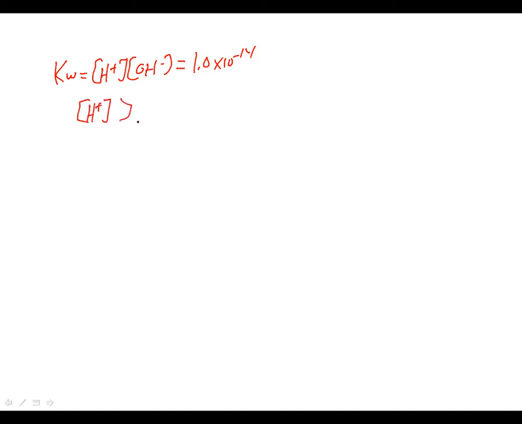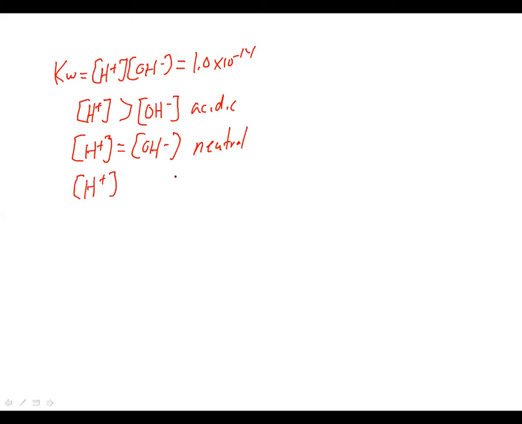If the H plus is larger than the OH minus, that's going to be an acidic solution. If the H plus is equal to the OH minus, it will be a neutral solution. If the H plus concentration is less than the OH minus concentration, it will be basic.